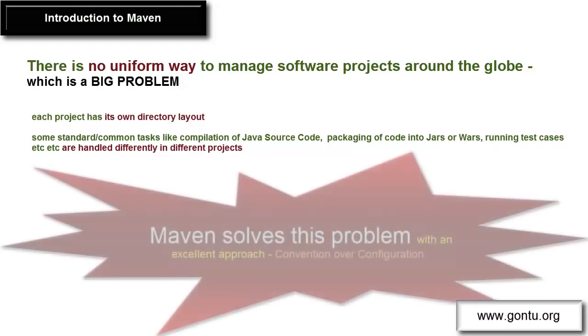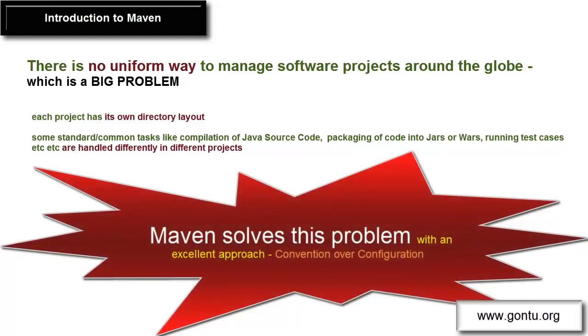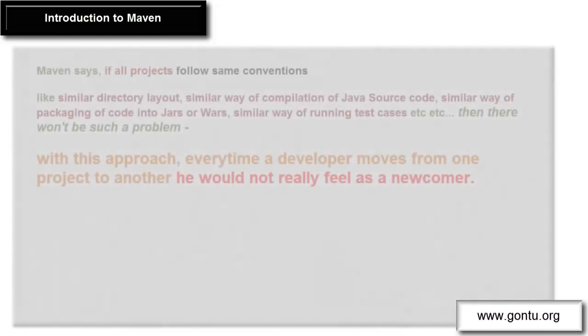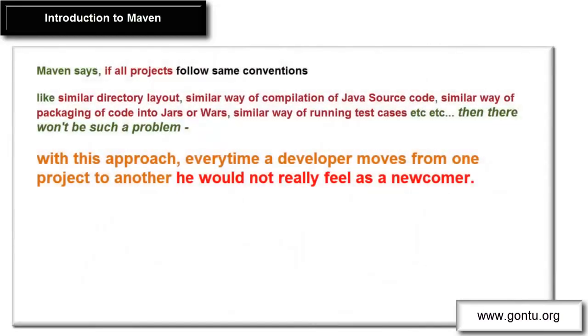Now Maven solves this problem by giving an excellent approach called convention over configuration. It says if all projects follow same conventions or rules like exact similar directory layout, fixed way of compilation of Java source code, fixed way of packaging of code into jars or wars, fixed way of running test cases, fixed way of including a resource like a properties file onto the project's class path, etc., then there won't be such a problem.